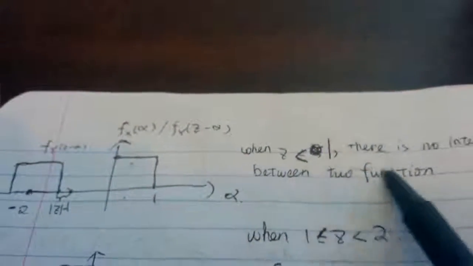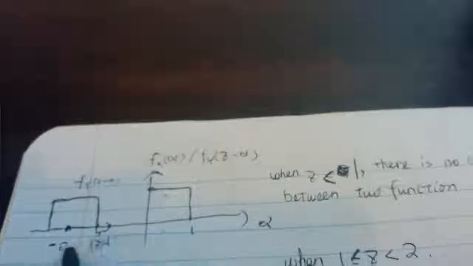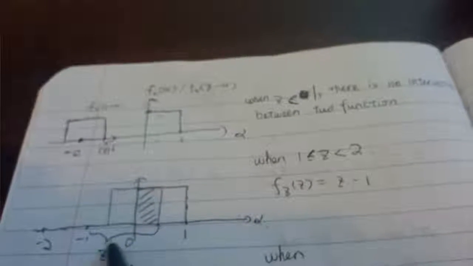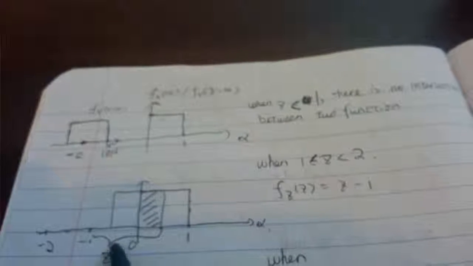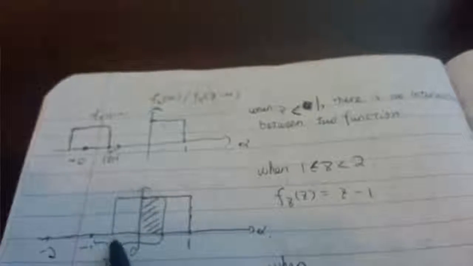When z is less than 1, there's no intersection between the two functions on the same diagram. And when z is greater than or equal to 1 and less than 2, there's intersection, and the intersection is z minus 1, because this length is z, and we minus 1, and we get the intersection.